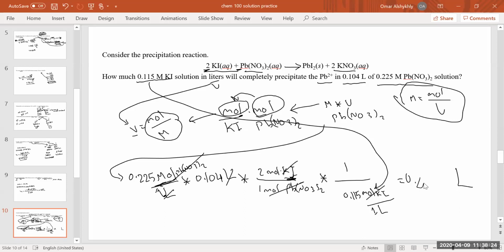Okay, so it will be 0.407 liter. Guys, just check the math after me. I'm just doing the math quickly, so just check also the math. 0.407 liter.